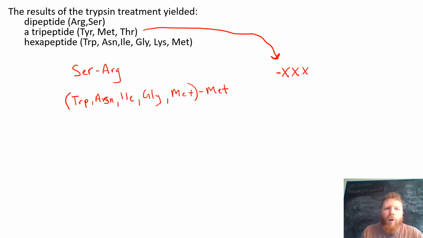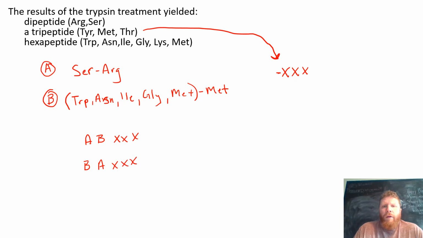So our overall peptide, I'm going to mark this as A and this as B. Our overall peptide could be A, B, tripeptide, or it could be B, A, tripeptide. Okay, so you have to use this information and then use additional information in conjunction with it. So this is some information that we can carry on with our future analysis.